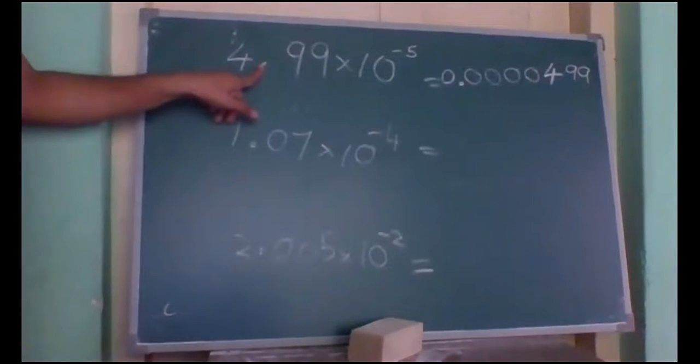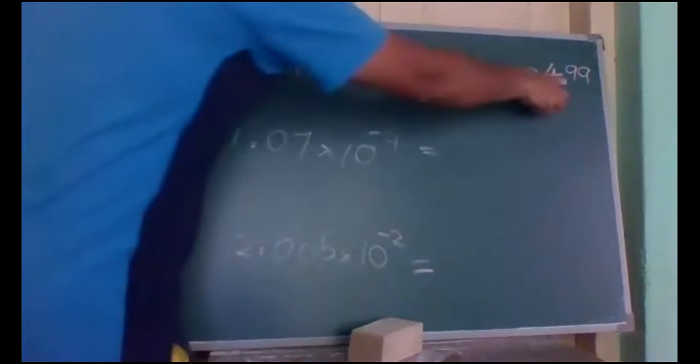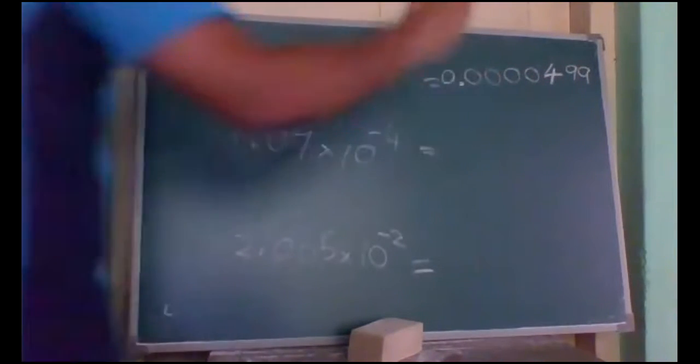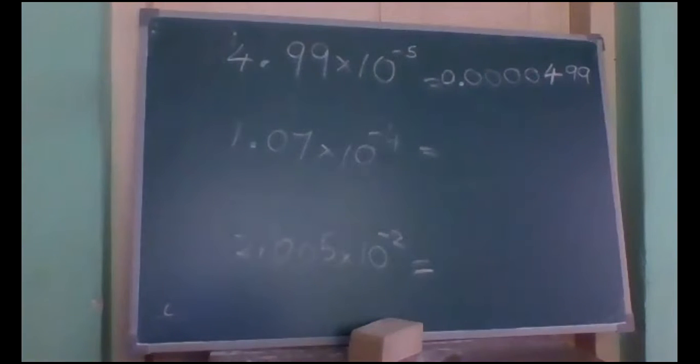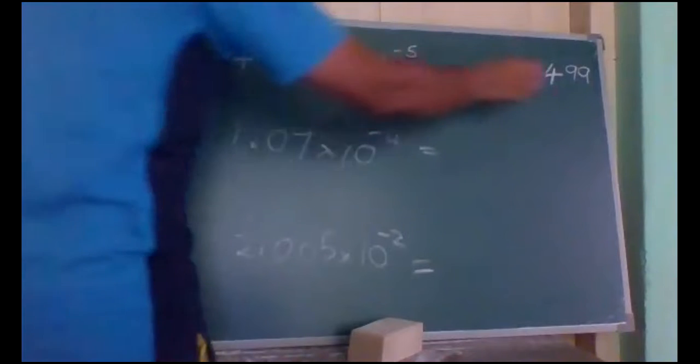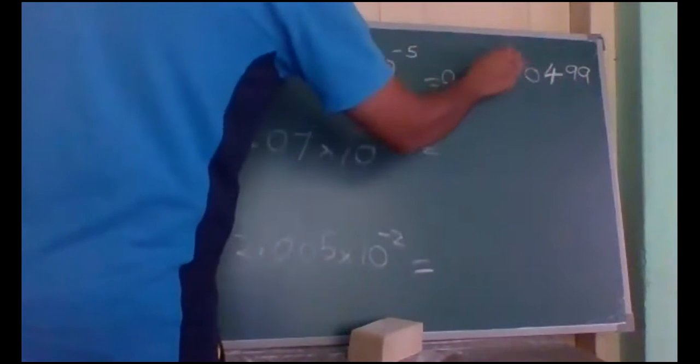That is the decimal place here. So you have to move from here 1, 2, 3, 4, 5. Understand? Yes or no? Yes, sir. How many decimal places? 5 decimal places. How to get it? From here 1, 2, 3, 4, 5.